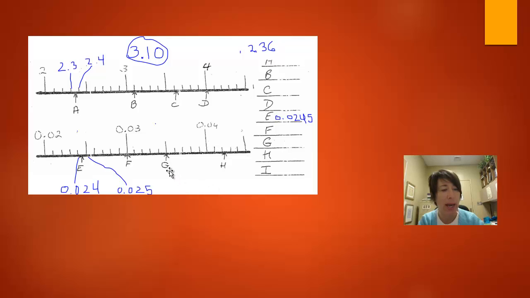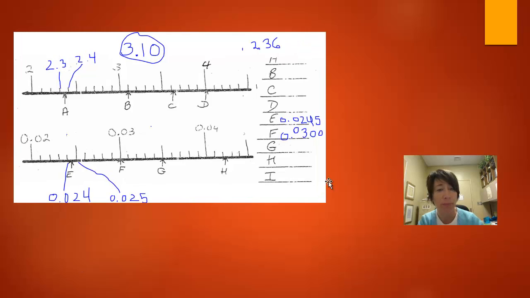Now let's look at F. F is right on that tick mark. And you might want to just write 0.030, but that would not be correct. We need to accurately reflect the precision of the device. Because E has 4 place values after the decimal point, F must also have 4 place values after the decimal point.